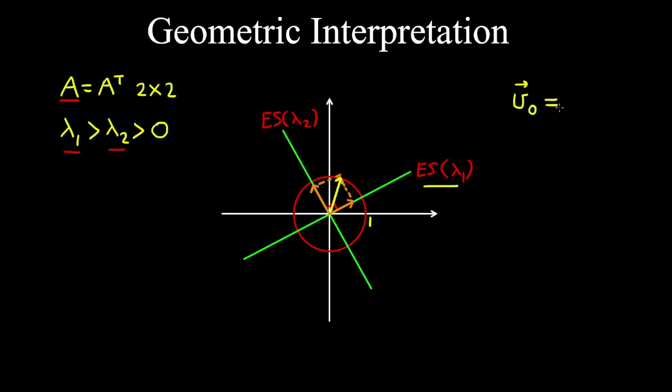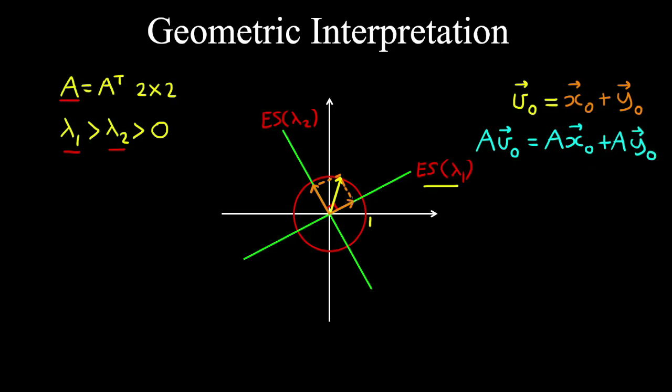So we'll call this component x0, and the other component is y0. And now multiplying this vector by the matrix A, that's equal to A times x0 plus A times y0.